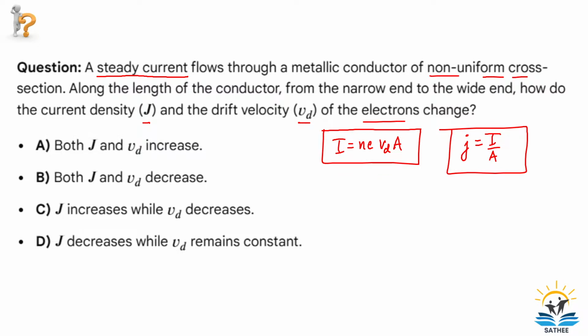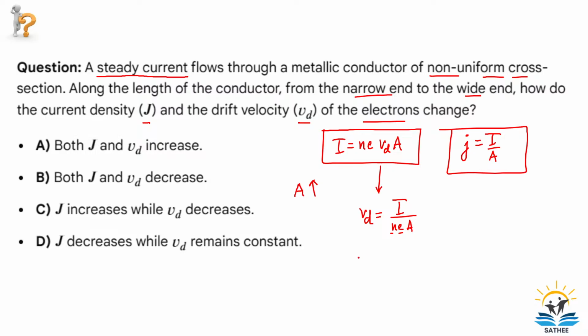So current is flowing from narrow end to wide end. That means the area of cross section is increasing as we move from the narrow end towards the wide end. From the expression Vd is equal to I upon n e A, I is steady, constant over time. n, for a given metallic conductor, is nearly constant. e is constant and area is increasing.